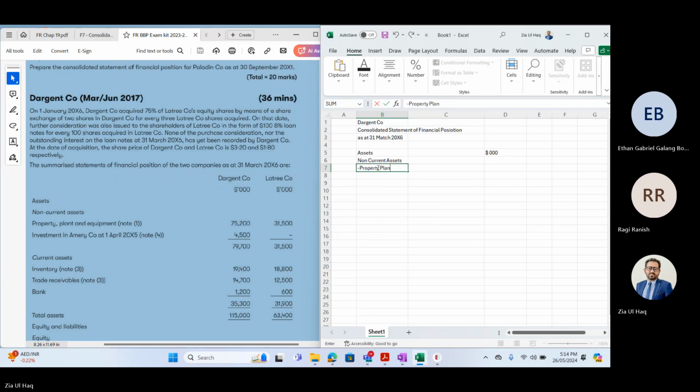Property, plant, and equipment. Under non-current assets, we are having investment as well. It's showing like this.